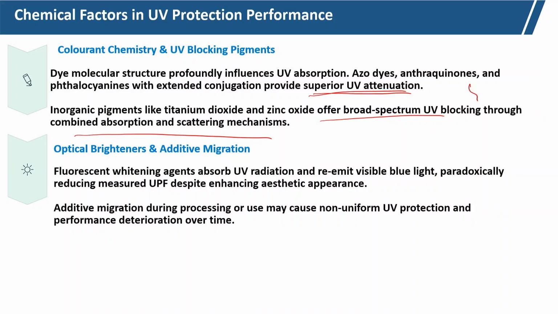Next is the optical brightener, an additive. If we add this type of chemical to the textile material, that will also enhance the ultraviolet protection. So, one is the fiber chemistry that we can use, then the engineering of the yarn and fabric structure, and also color chemistry.